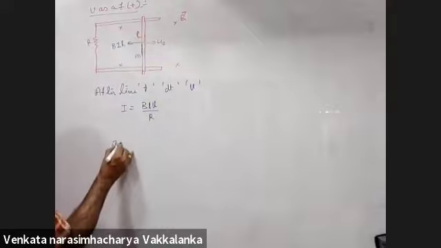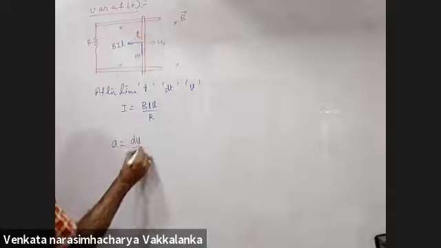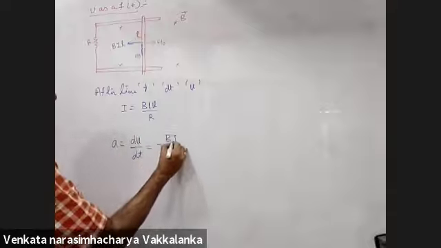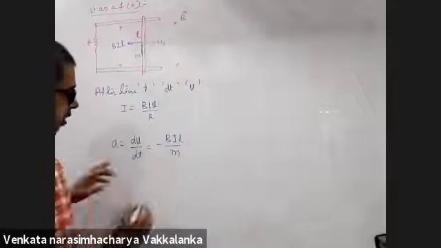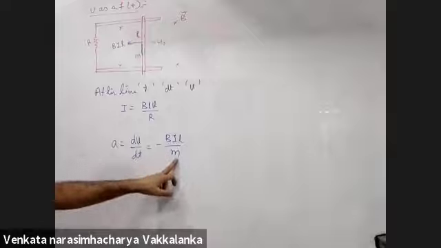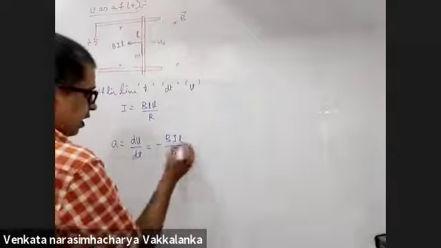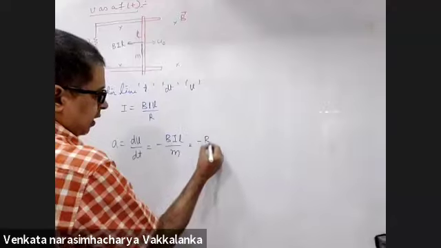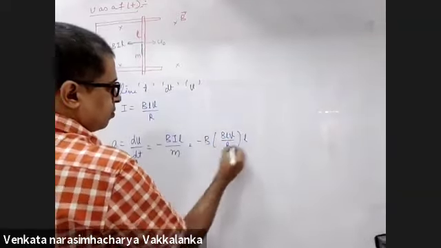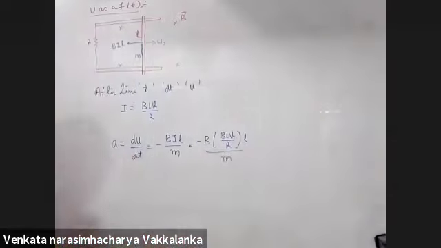Right? So acceleration will be dv by dt, but with a negative sign. BIL by M. What is the force on it? BIL, divided by the mass of the rod, is the acceleration. And how much is this current? It will be BLV by R. See if all of you are convinced till here.